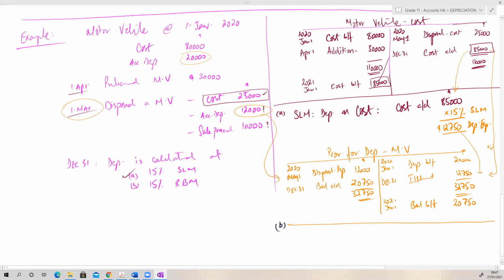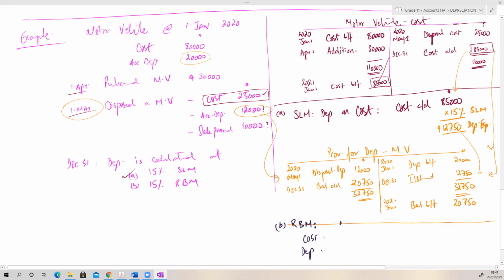For part B, RBM, a small calculation has to be done, which is cost and depreciation. So now look at this. This is simple yet easy to understand. I will also tell you a second version of it.